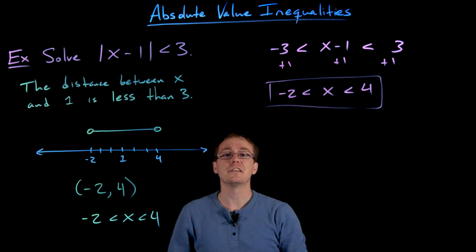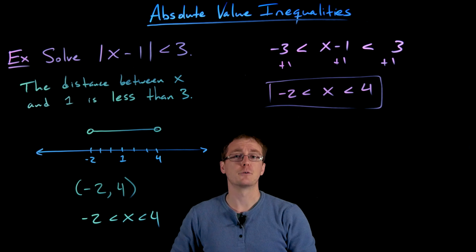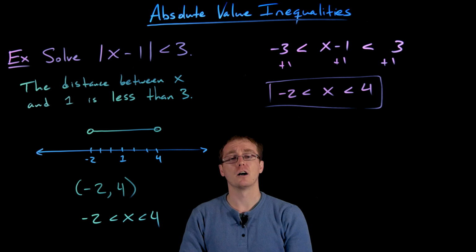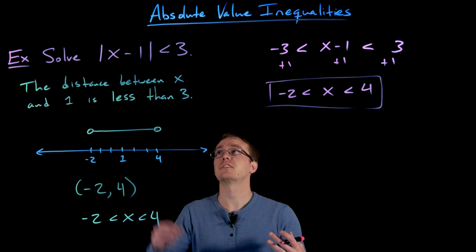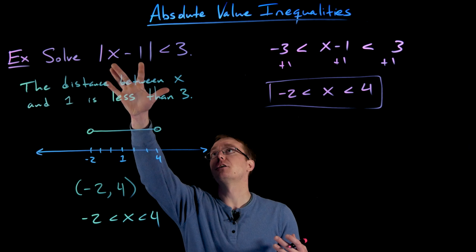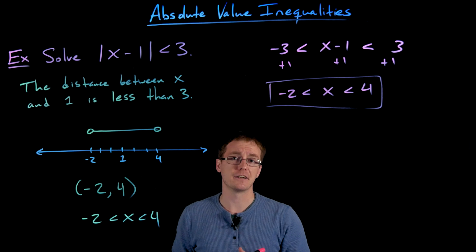And well, this is the inequality version of our solution set that we saw from interpreting the graphical or distance interpretation of our inequality. And so from this example, we can generalize how to solve basically any of these absolute value inequalities with the absolute value of some expression is less than a number.